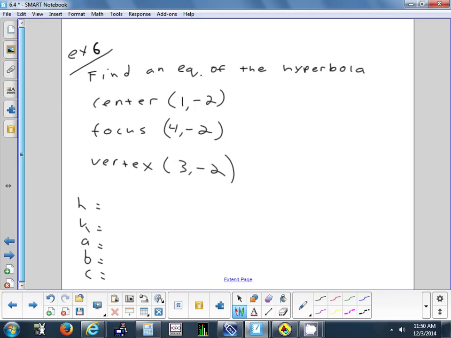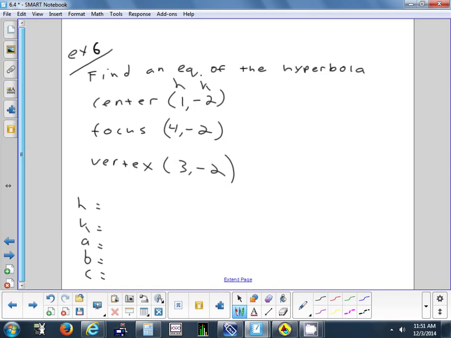Okay, let's see if we can find the equation of this hyperbola. How many letters do we have to find? 5, just like an ellipse. You have to find a, b, c, h, and k. What do h and k represent? It's the center.